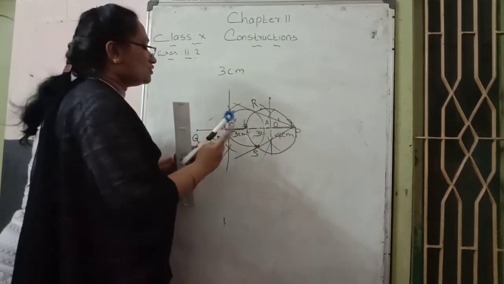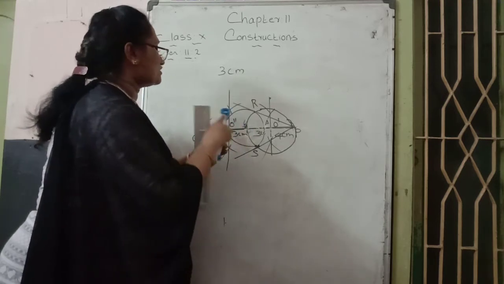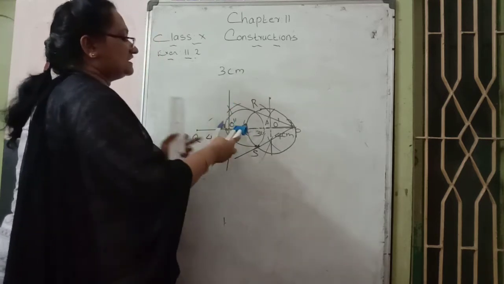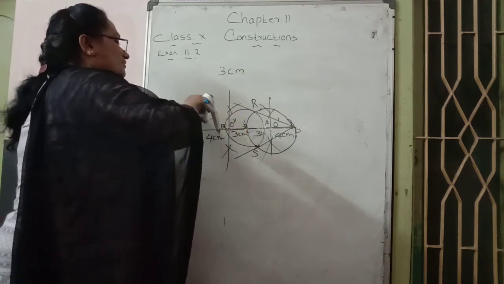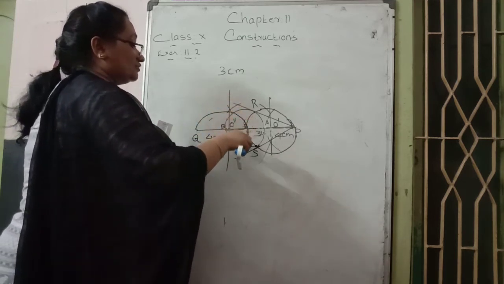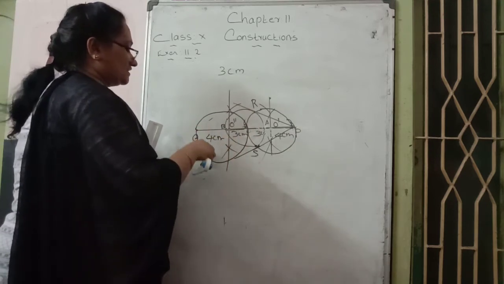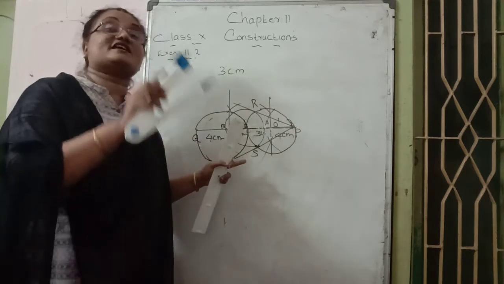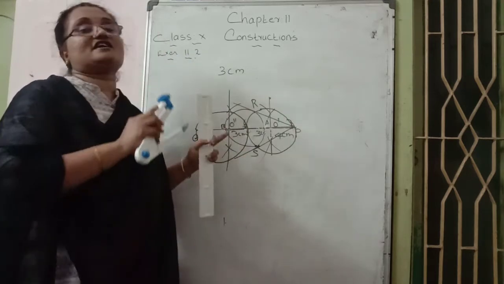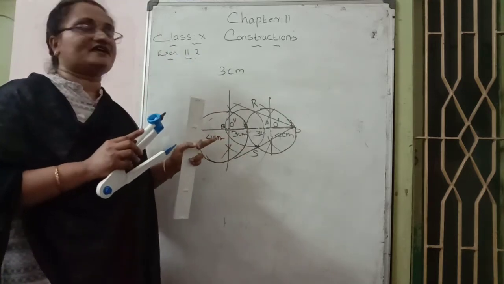Then take the distance O to O double dash, and with O double dash as center, draw a circle. Take it clearly; it is not coming properly on the board, that's why I am doing hand drawing. But with your compass, take the measurement clearly and draw the circle. Okay.